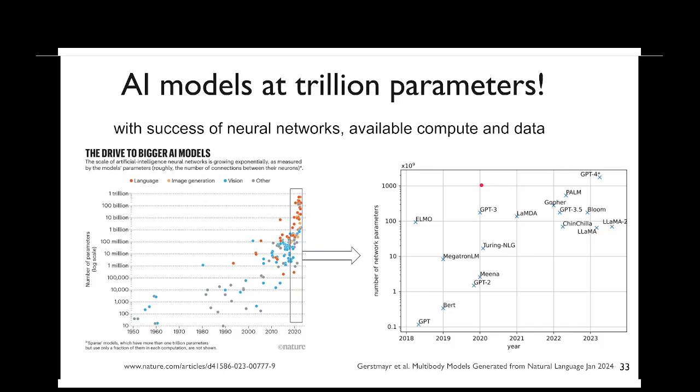And this has led to the growth of neural network models. Here to the left, you see a plot that shows over time, from 1950 to fairly recently, the AI models that were being worked on and published, and the number of parameters that they had. Up to 2000, it's mostly in the 100,000 parameters.